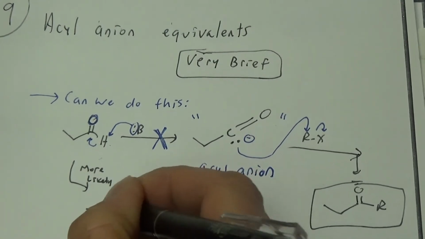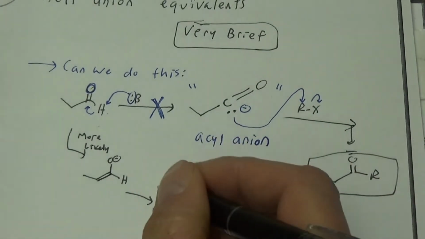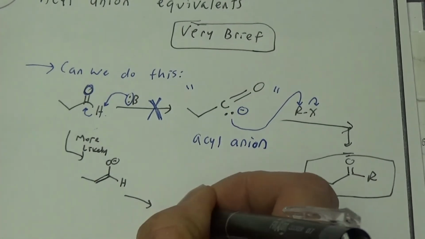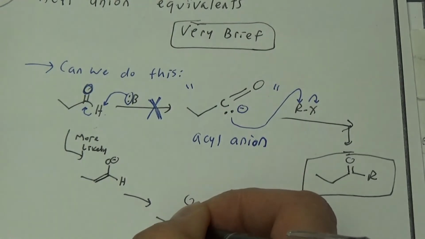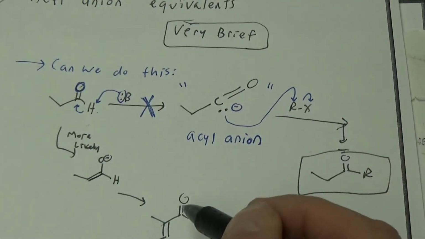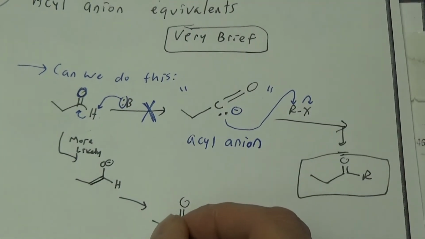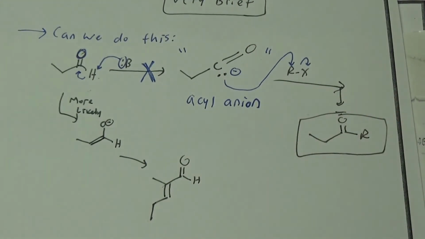You're going to make an enolate, and then it's going to probably self-aldol on itself, and you might get, 3 plus 3 is 6, so it's 1, 2, 3, 4, 5, 6. Okay, so this is just an aldol reaction.